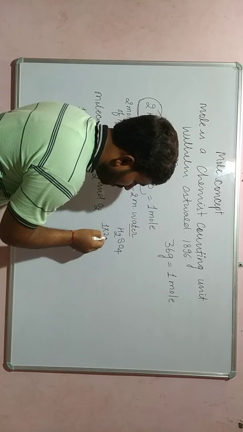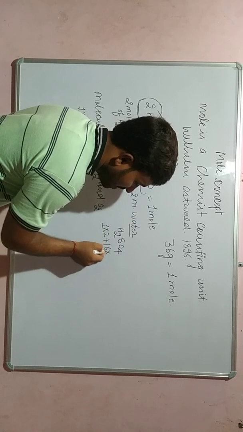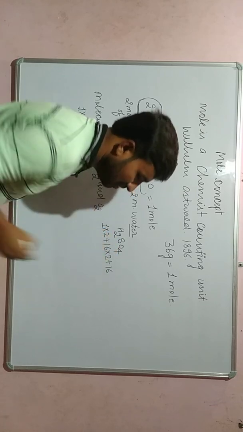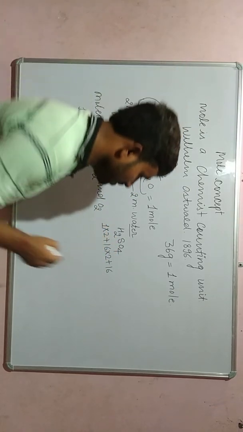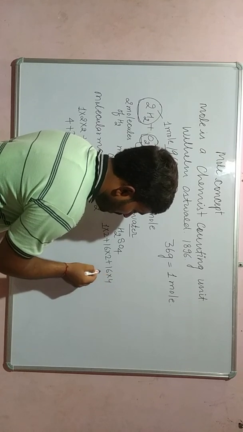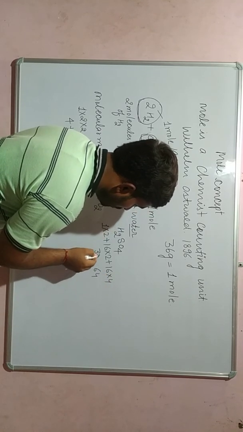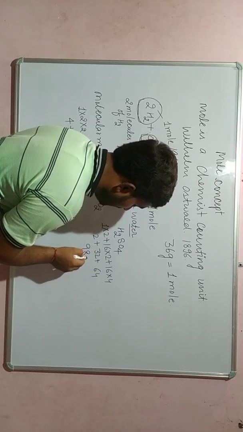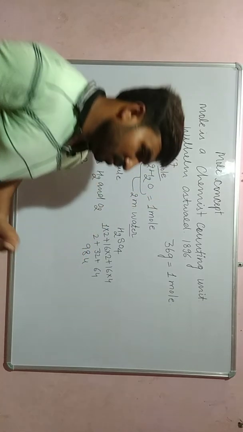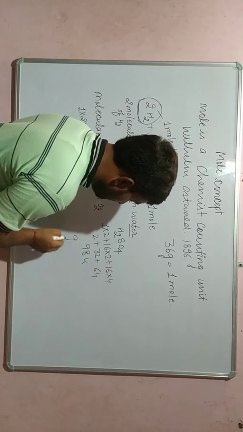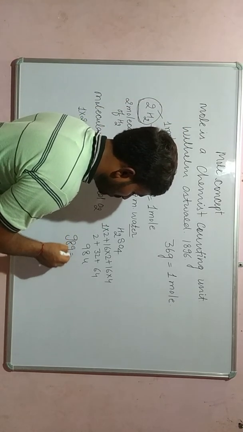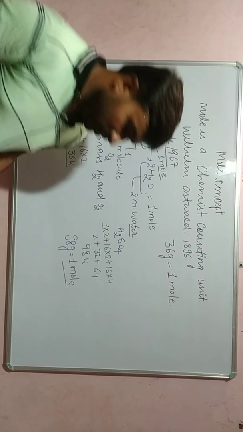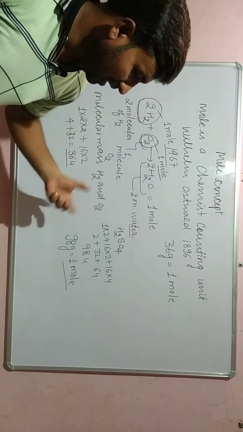Multiply by 2, plus atomic mass of sulfur is 32, and oxygen is 16, multiply by 4, 64, 32 and 2 is equal to 98 u. So you can say that 98 gram is equal to 1 mole. So this is the mole concept.